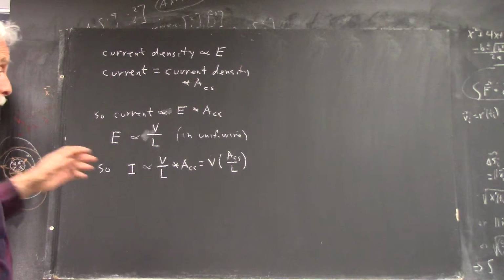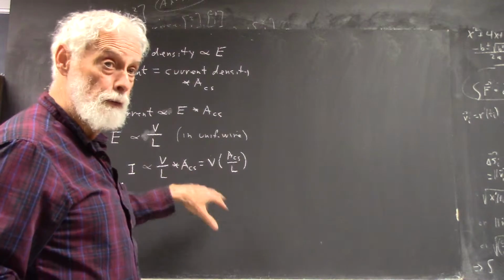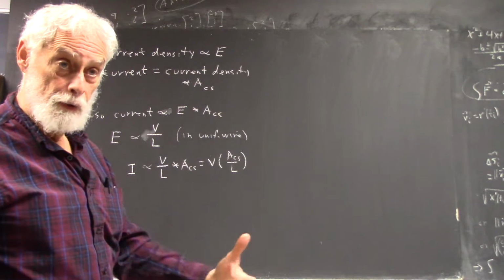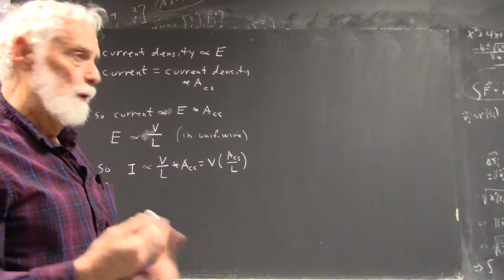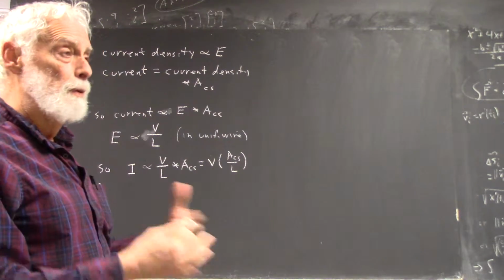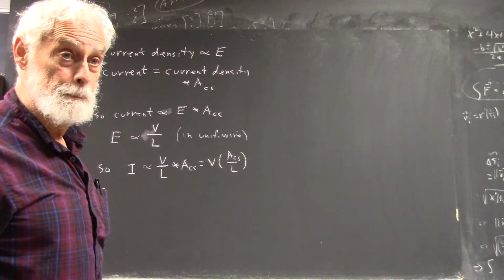And all this is pretty intuitive in terms of what you've already seen, measured, and experienced in the lab, and what we've been talking about all along from the point of view of conductivity.